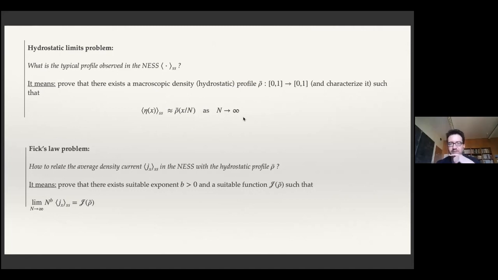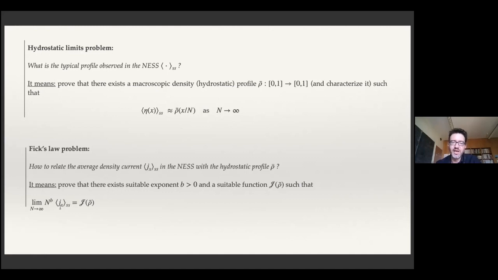In the usual case, the nearest neighbor symmetric exclusion process, it is just a linear profile between the density on the left and the right. Some other question you are interested in is the fixed law problem. Can you characterize how the current in the system behaves?